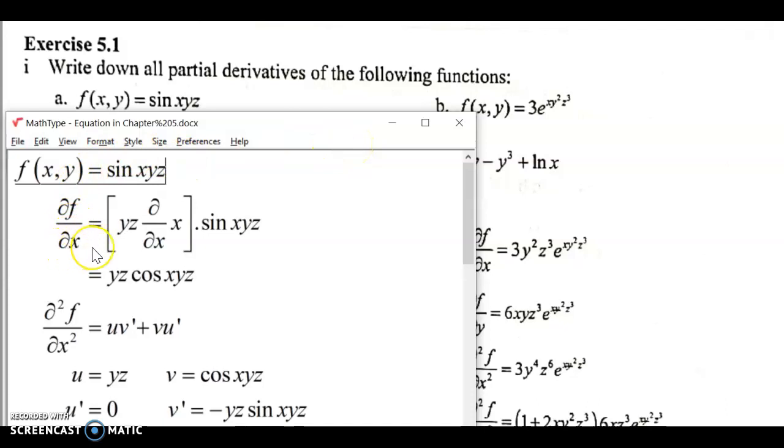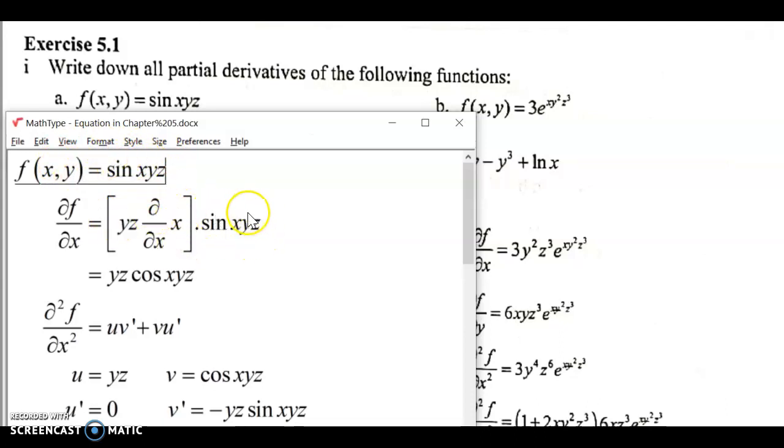Okay, partial x, right? Meaning we are going to differentiate x, y, and z here, right? Other than x, we will assume it as a constant. Right? So just a little bit of revision to differentiate trigonometry. If you have a constant here, this constant should be moved out of the derivative.